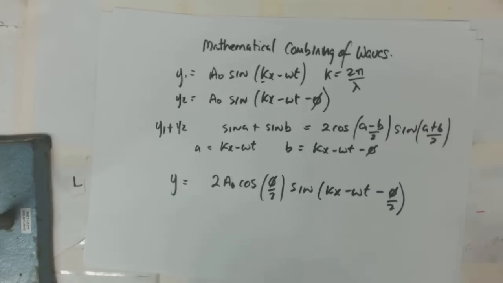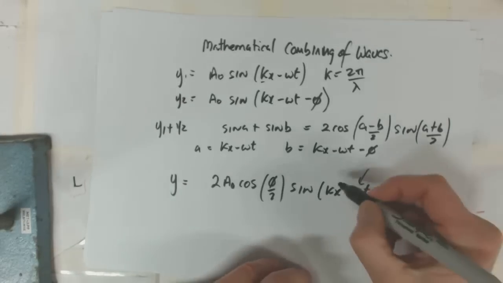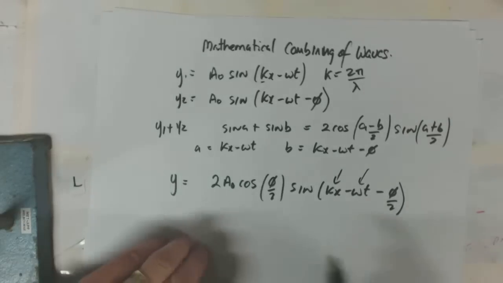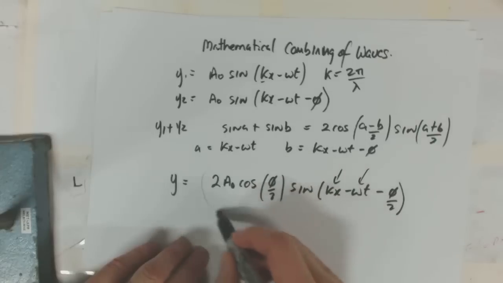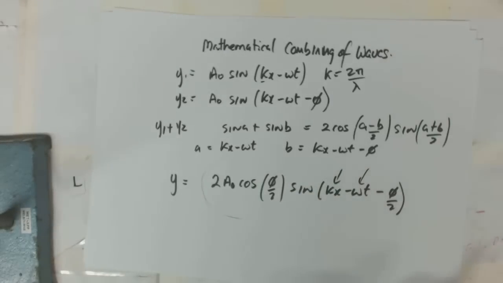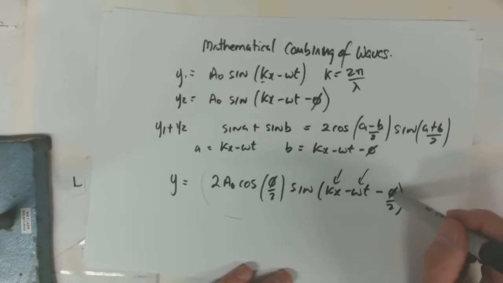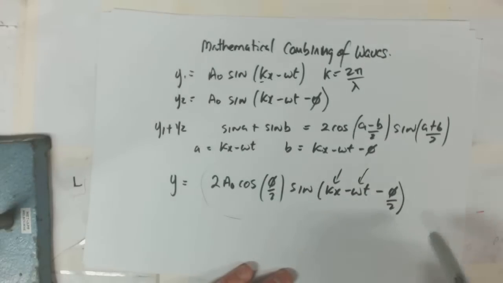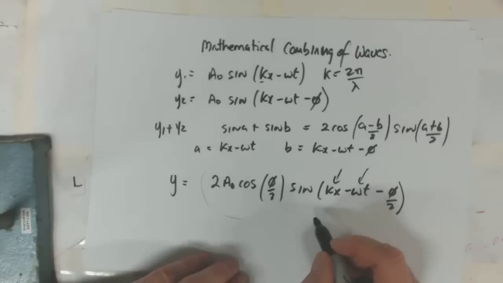Now that wave is going to have the same frequency, it's going to have the same wave number, so it's going to be pretty much the same wave, but its amplitude is going to be modulated and its phase is going to be different, right? Now if the two waves originally were 45 degrees out of phase, then this one compared to the original will be in between, 45 degrees divided by 2.